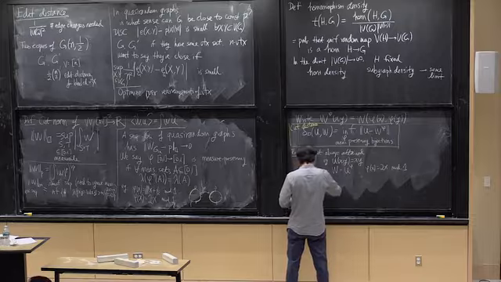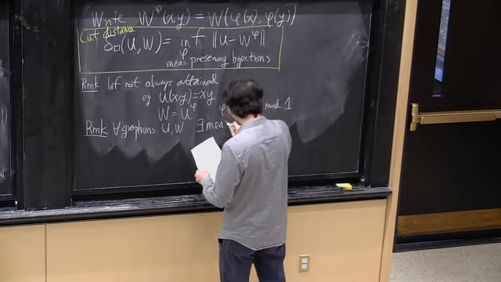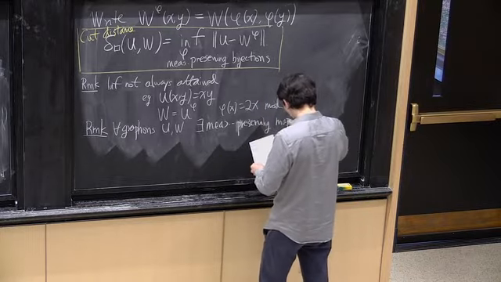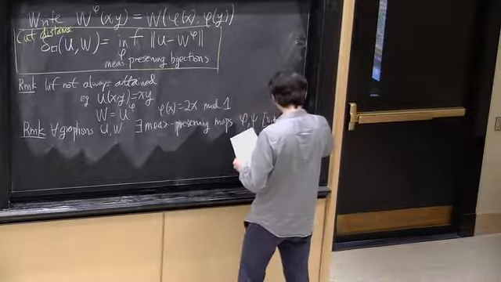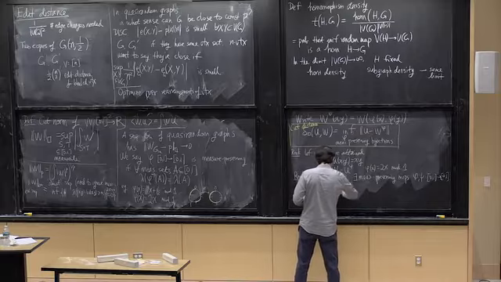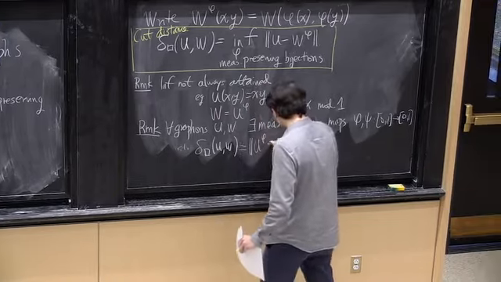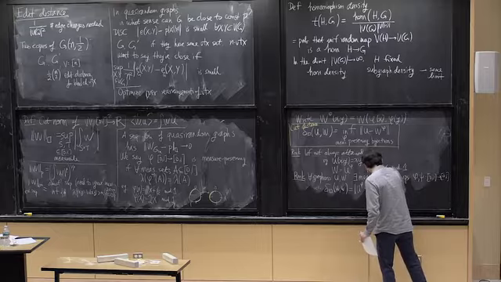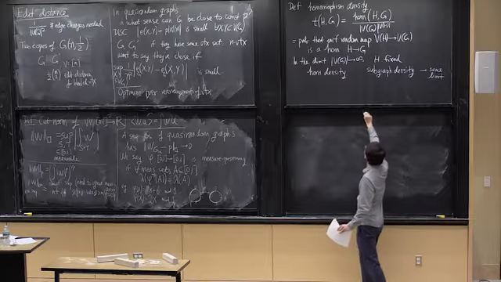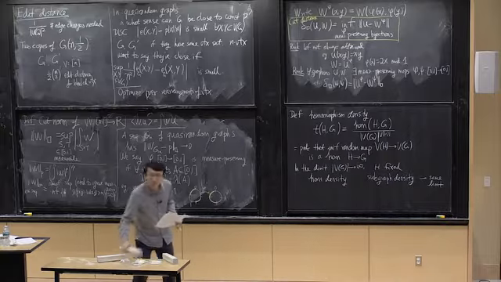For all graphons u and w, it turns out that there exist measure preserving maps, so not necessarily bijections, from the 0-1 interval to itself, such that the cut distance between u and w is obtained by the cut norm difference between u phi and w psi. So don't worry about it.